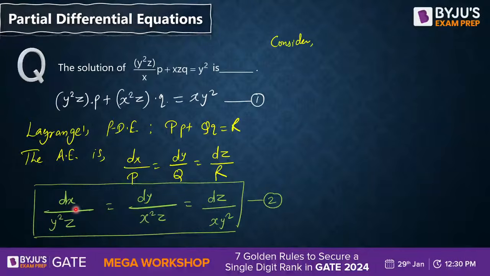So I am considering first and second, y square z p, x square z q, x y square on the right hand side.